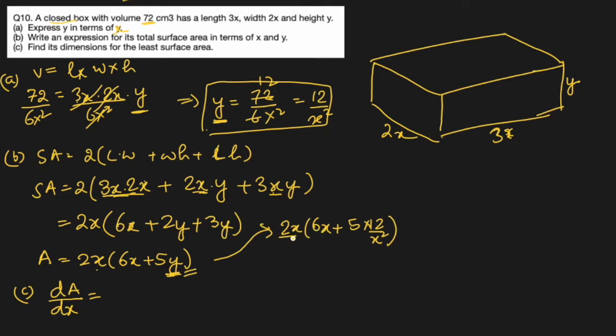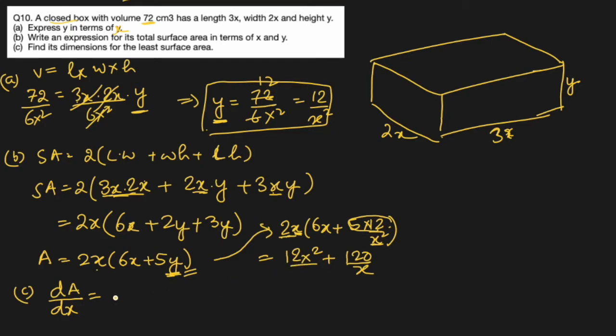2x, okay, we can open this bracket also. 2x times 6x is 12x². Plus, this is 60 times 2, 120, but this x will cancel with one of the x's, so we'll get 120 over x. This is what we have to differentiate now.